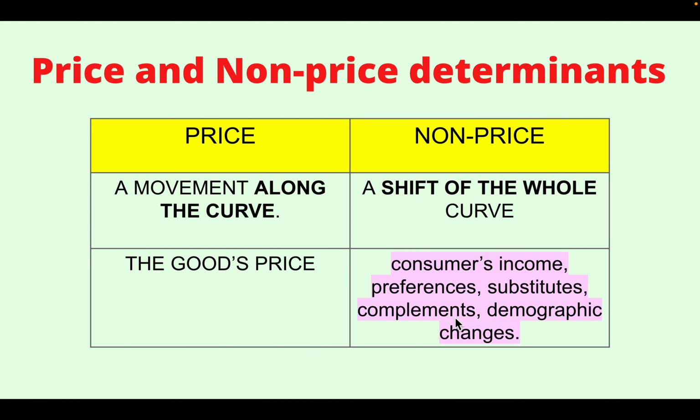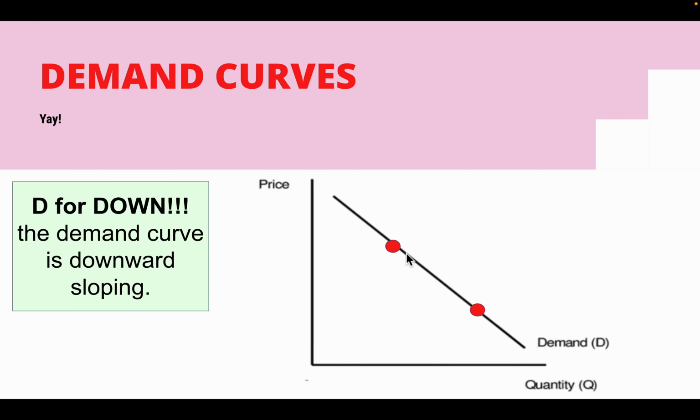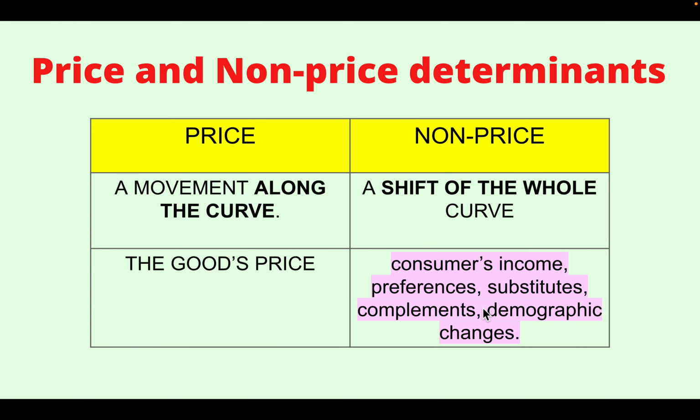Demand is influenced by several factors, and one of the key determinants is price. As the price of a product increases, quantity demanded typically decreases, and vice versa. This is a price determinant, a movement along the curve. You can make it move, and I'll explain it all later.